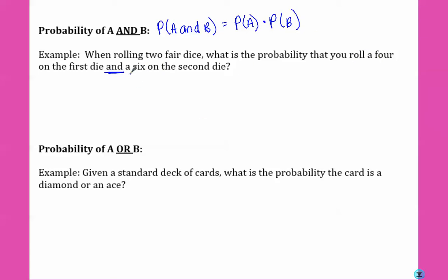Well, rolling a 4, we have a 1 out of 6 chance of that, times to roll a 6 on the second die, we also have a 1 out of 6 chance. So we'd have a 1 out of 36 chance of rolling a 4 and a 6.